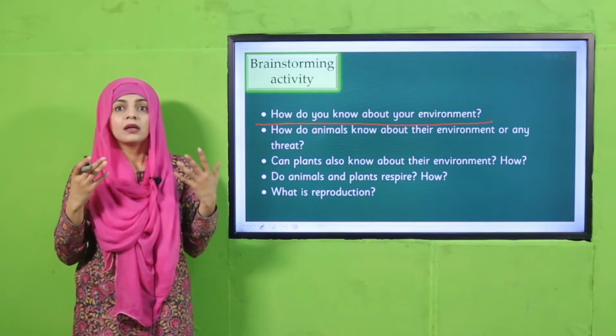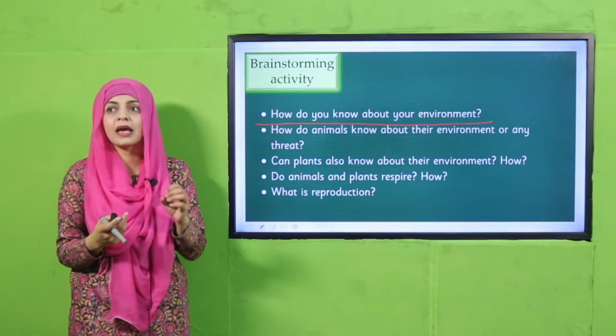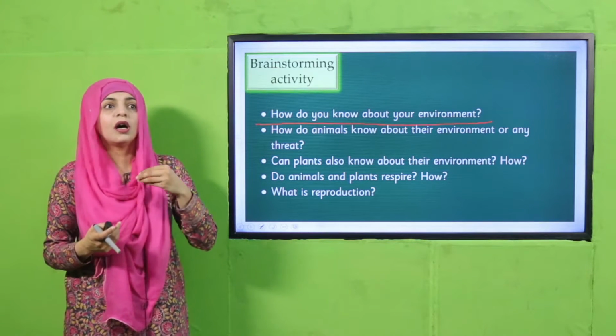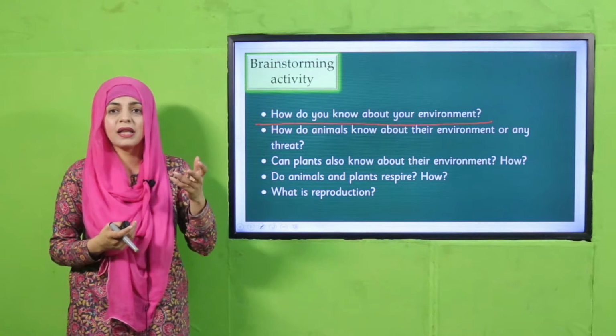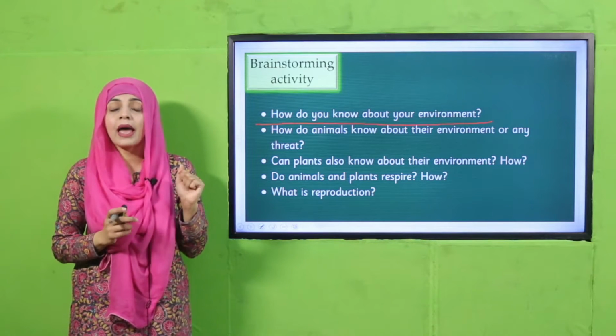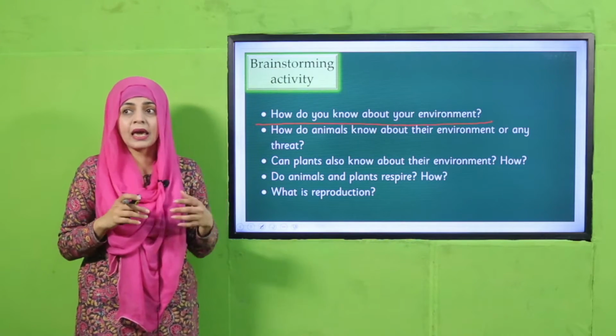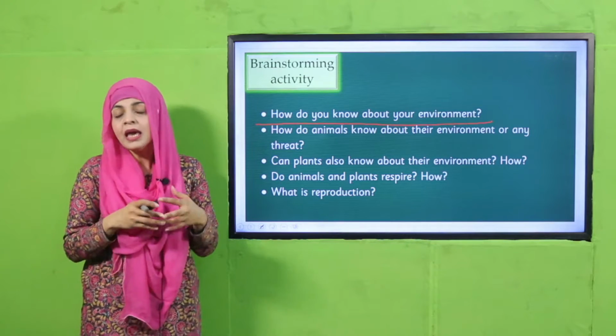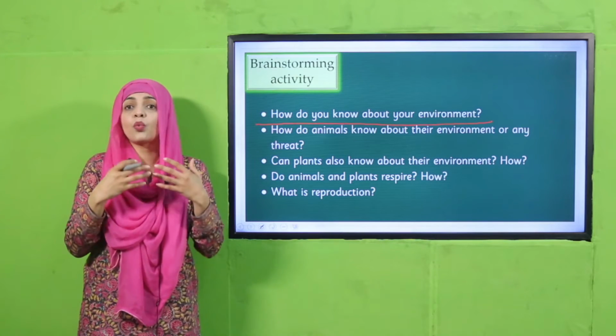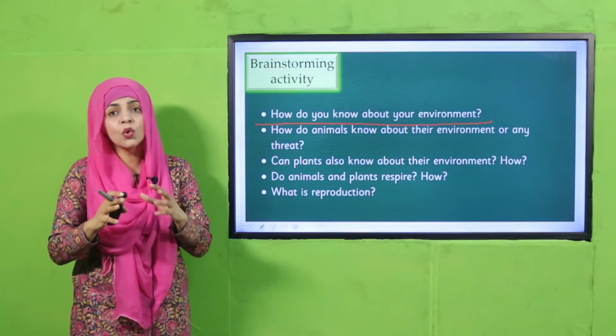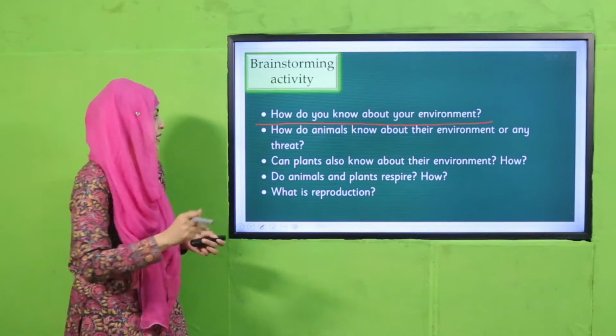On the other hand, कैसी खुशबू वहाँ से आ रही है? Is there any smell around? अच्छी है या बुरी है, bad, unpleasant or pleasant. And another thing, क्या कोई आवाज़ें इर्द गिर्द से आ रही हैं? Animals की हैं, human beings की हैं, traffic की है, कैसी आवाज़ आ रही है? So with the help of your senses, you can tell about your environment.